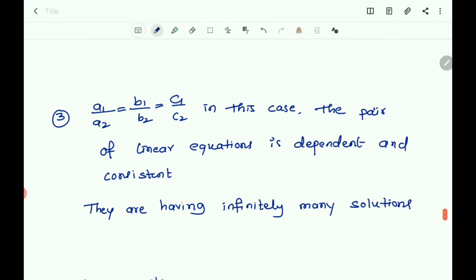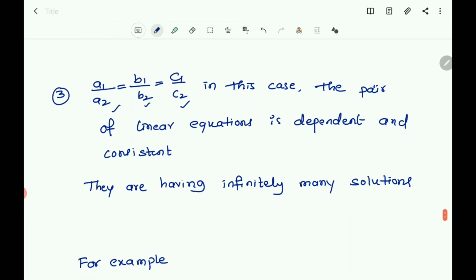Third, if a1 by a2 equals b1 by b2 equals c1 by c2, in this case the pair of linear equations is dependent and consistent. They have infinitely many solutions.